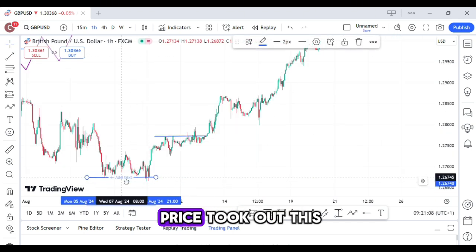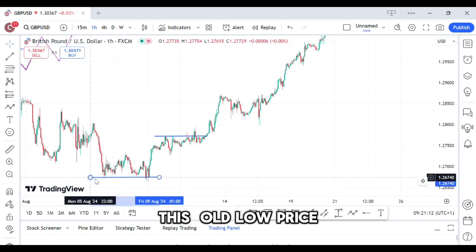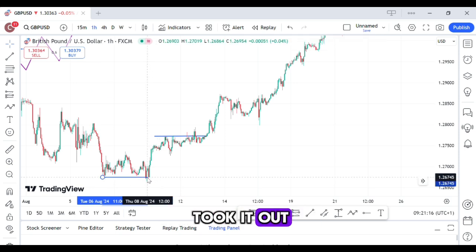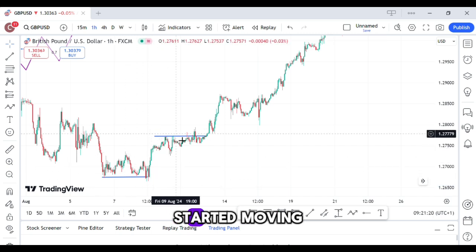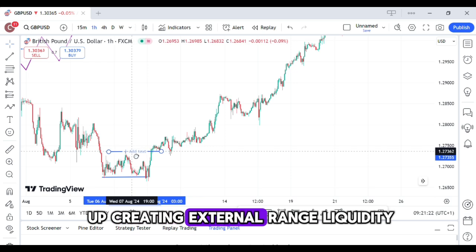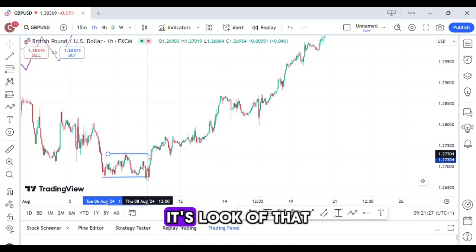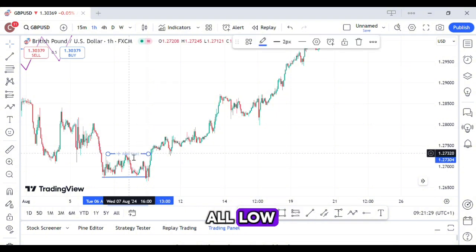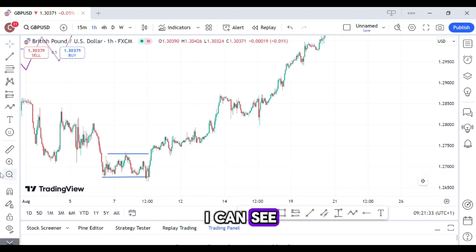So we can see how price took out this liquidity down here, this old low. Price took it out and then started moving up, creating external range liquidity. Now there is a small fair value gap here, you can see.